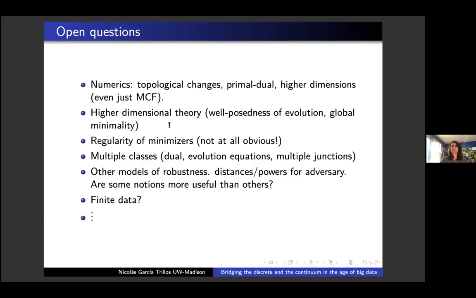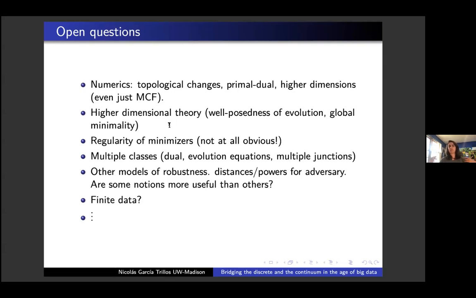Other models for robustness: this has to do with the last models that I was showing you. I was telling you a little bit about curvature flow because our ball for the adversary was Euclidean. But what if you consider different distances, different models, et cetera? So there are many things to explore. And then, of course, maybe one thing that you may be wondering is, all of this that I talked about applies in the context where you have, let's say, infinite data, if you like.